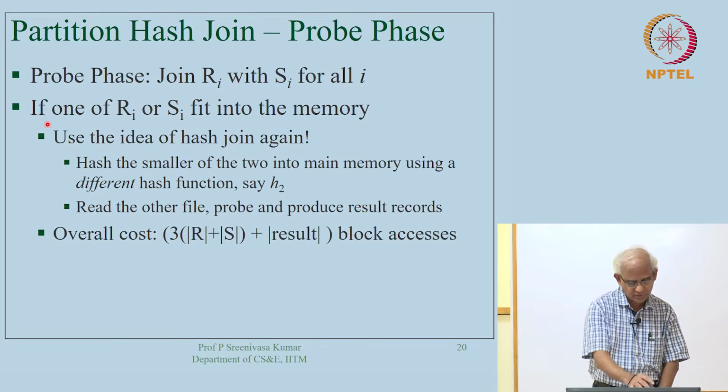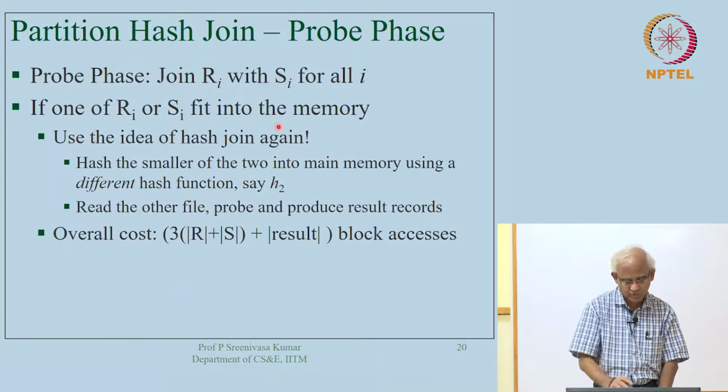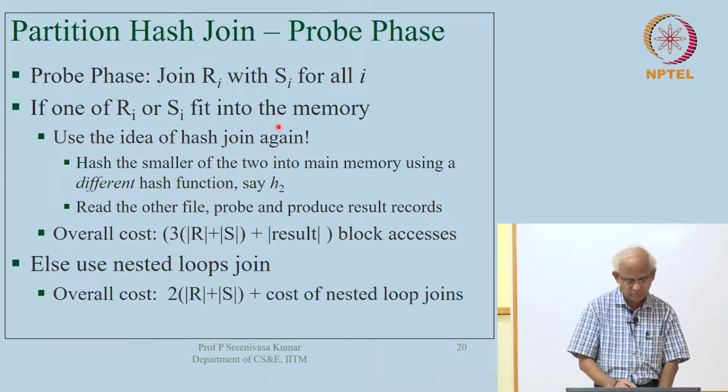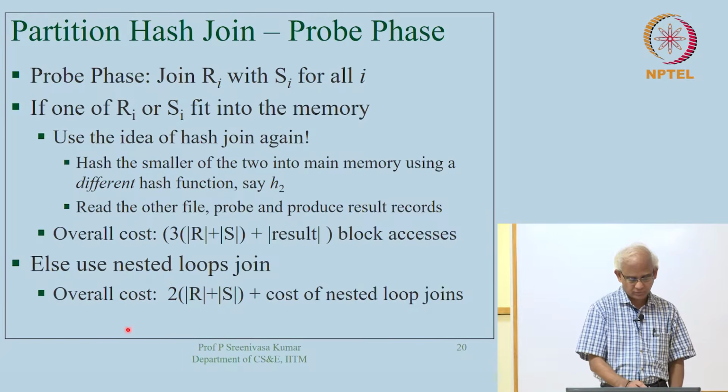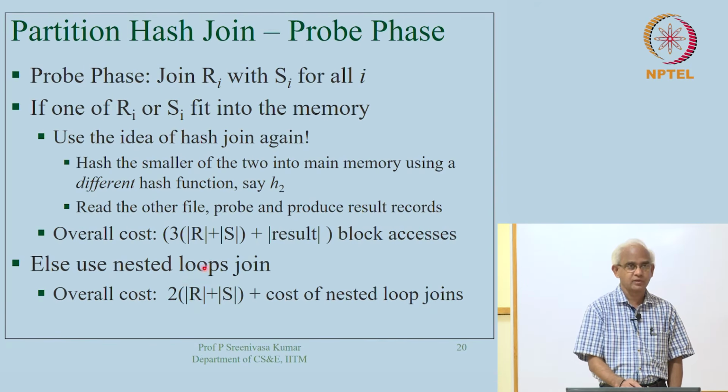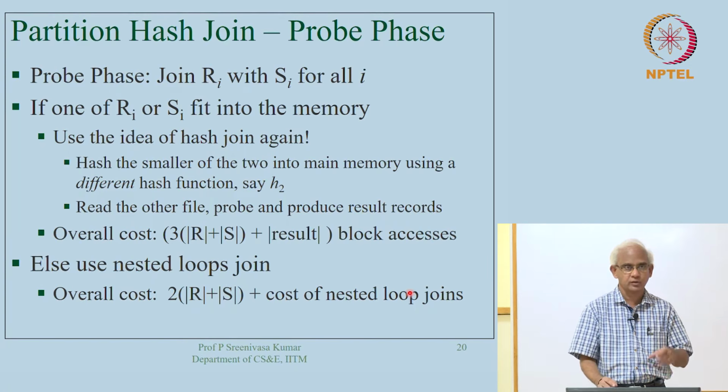The other case is neither of them fits into the memory, but then we have to fall back onto nested loop joins. Then the overall complexity will be 2 times R plus S plus the cost of the nested loop join on that particular Ri and Si.